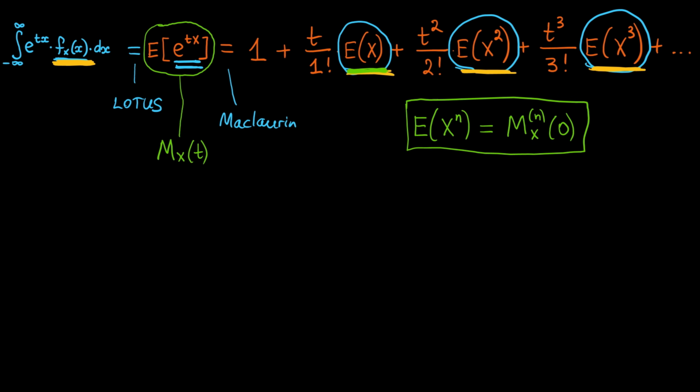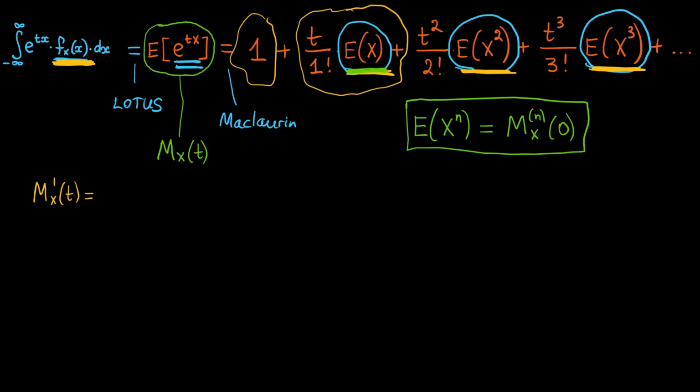Now let's use this algorithm to obtain the raw moment from the moment generating function. And the first thing that we will need is the first derivative of the moment generating function. So the first derivative. The derivative of 1 is 0, so we don't need to write anything for that.